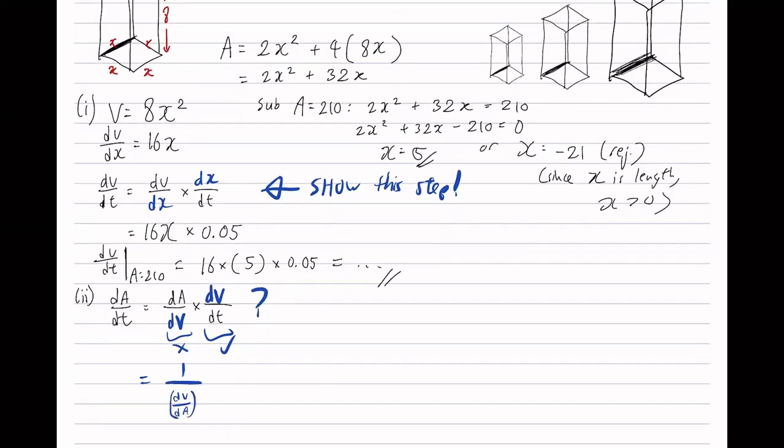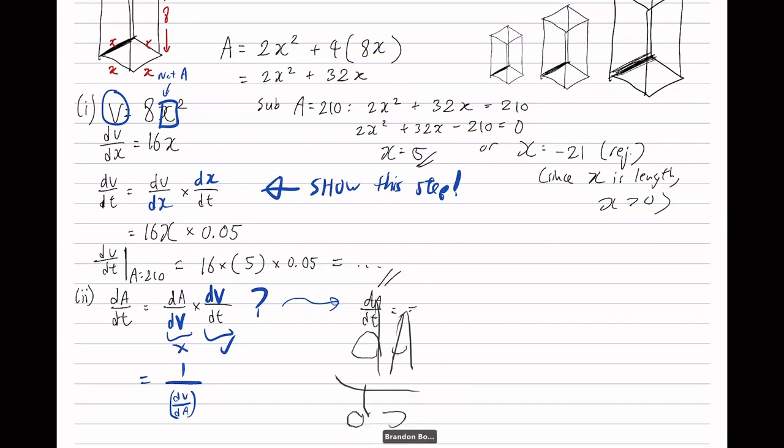Then how to find dV by dA? V is in terms of x, not A. Now change dA over dx times dx.